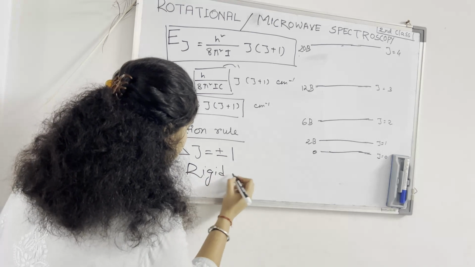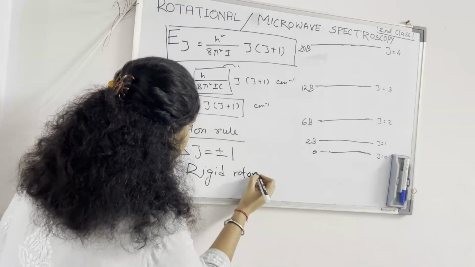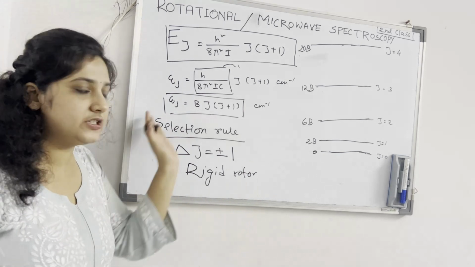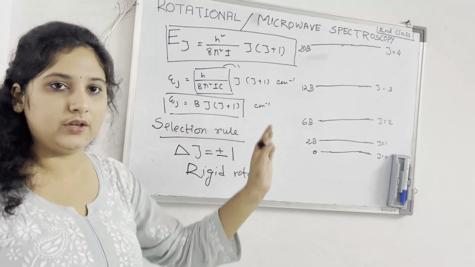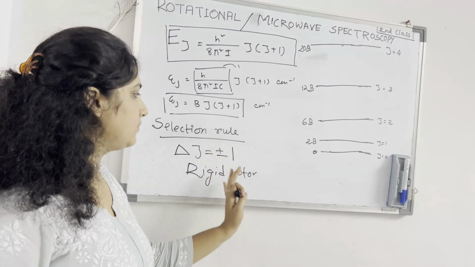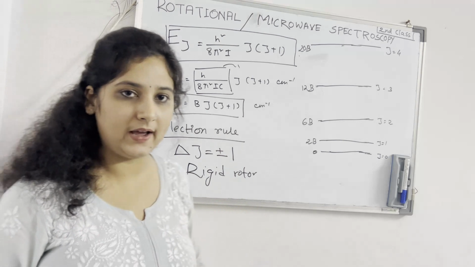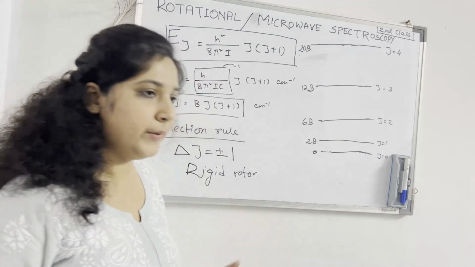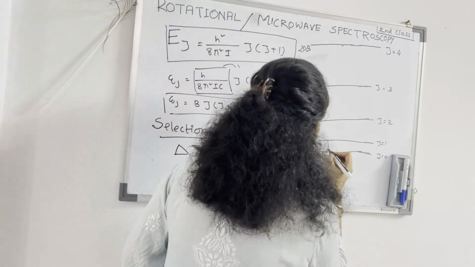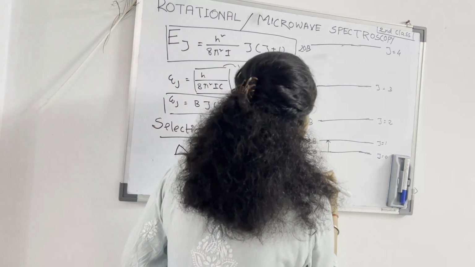Now what is the rigid rotor? I will tell you later. So for the rigid rotor, the selection rule for the transition between two energy levels is del J equal to plus minus 1. So if we provide some amount of microwave energy, the transition from this place to this place will take place.